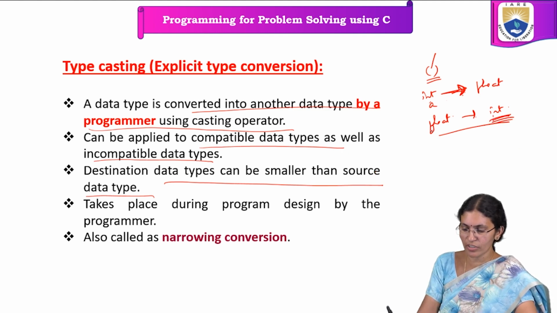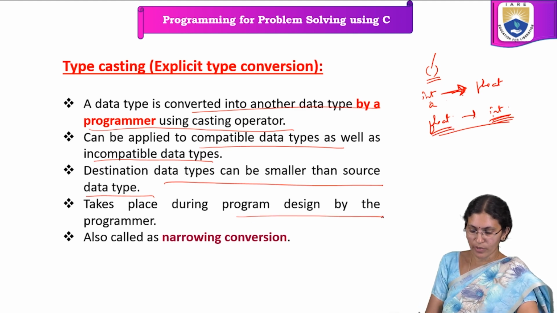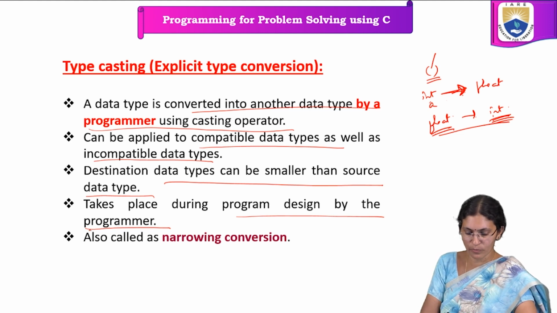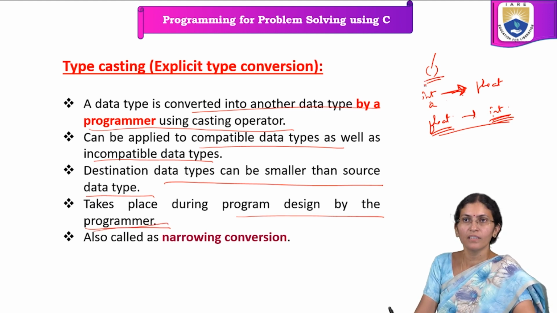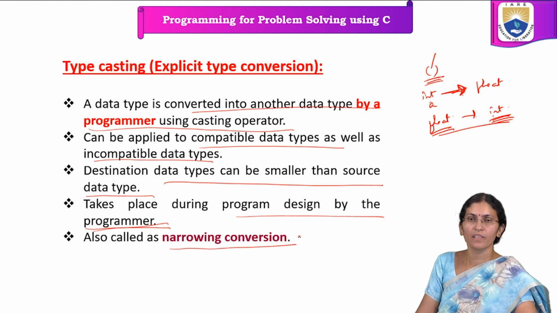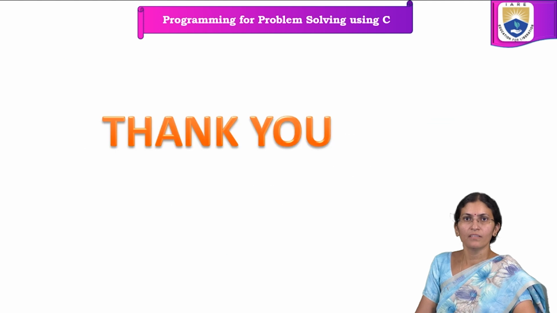This is the destination and this one is the source here. It takes place during program design by the programmer. While writing the program itself, the programmer will specify the data type by using the casting operator. It is also called narrowing conversion. So these are the differences between implicit type conversion and explicit type conversion.